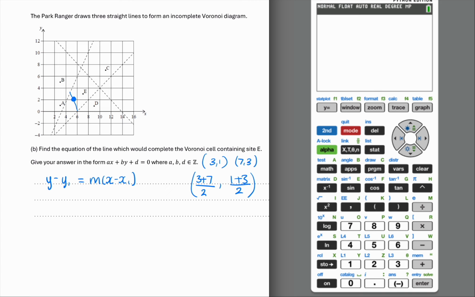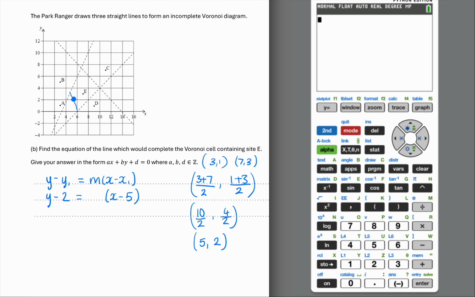And we can see there that that would fall on 10 over 2, comma 4 over 2. So the midpoint is 5, 2. So we can substitute into our equation a y coordinate of 2 and an x coordinate of 5, because we know that it goes through the midpoint.